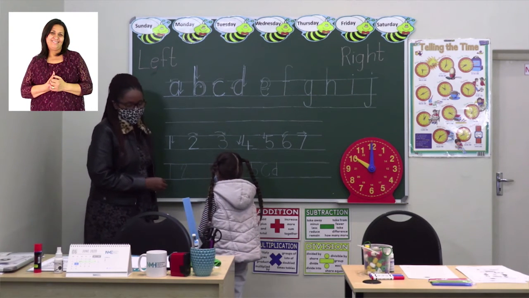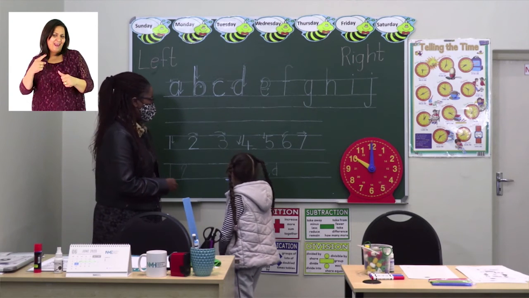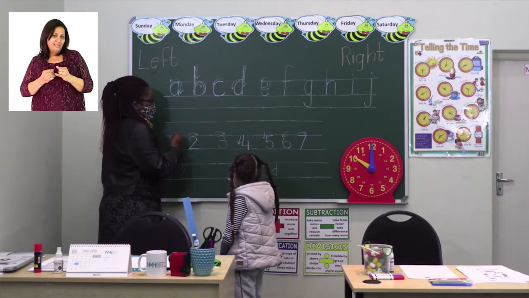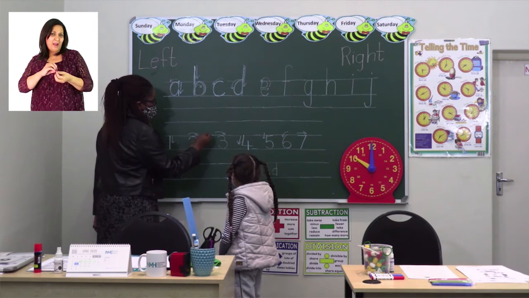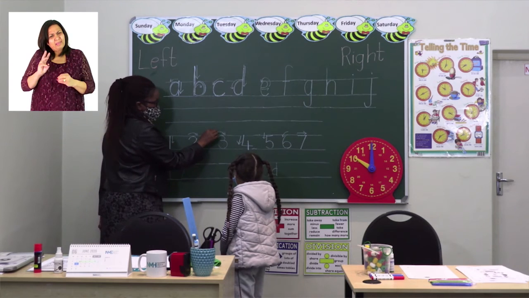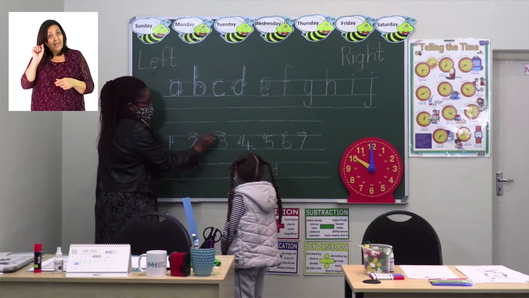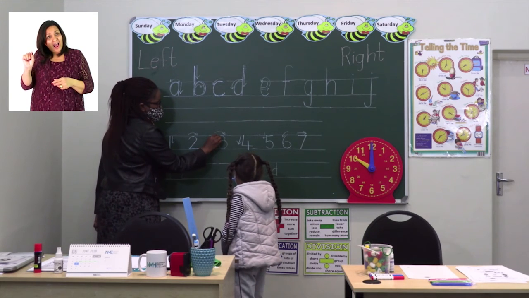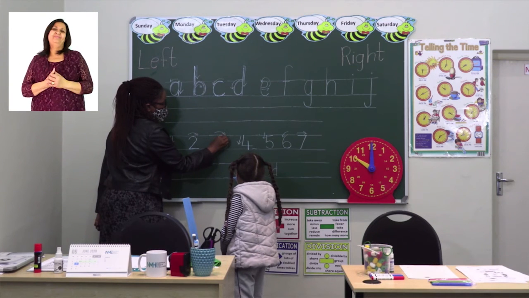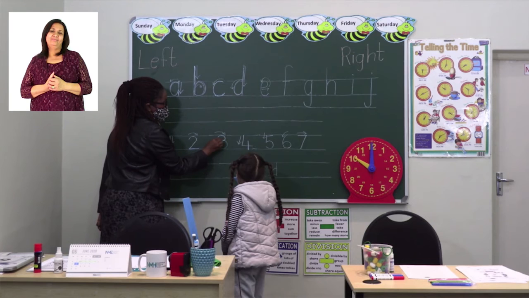Let's move on to the next number, and this is going to be the last number I'm going to demonstrate to you. Number 3. How do we write number 3? There is the arrow, it begins right here. So we will put our pencil here. We go all round number 3 and bump.